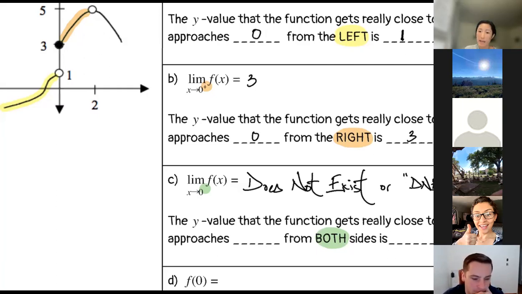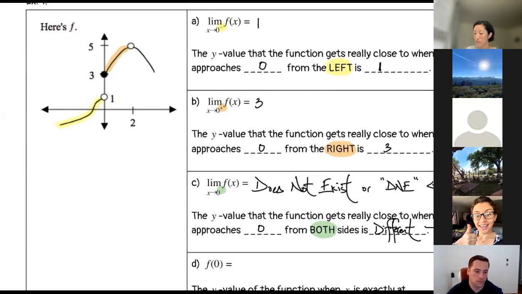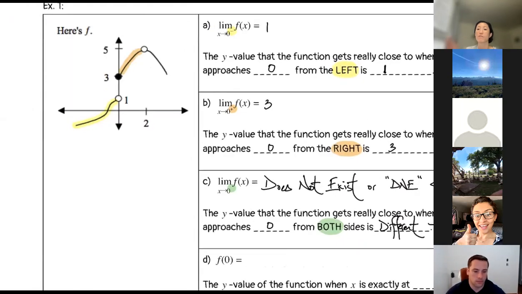And the way we could say that is the y value that the function gets really close to when x approaches 0 from both sides is, they're different from each other. And since they're different, we can say it does not exist, all right? And so that was one of the great questions someone asked earlier. What does it mean for a limit to not exist? This is one really great picture, okay?